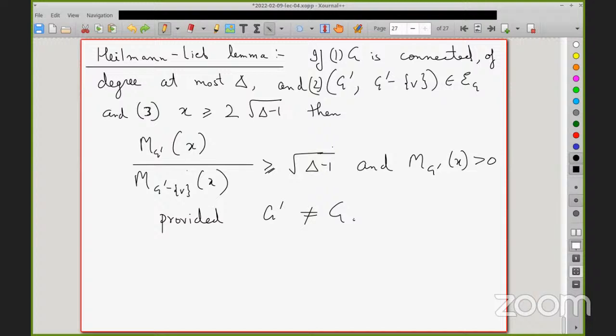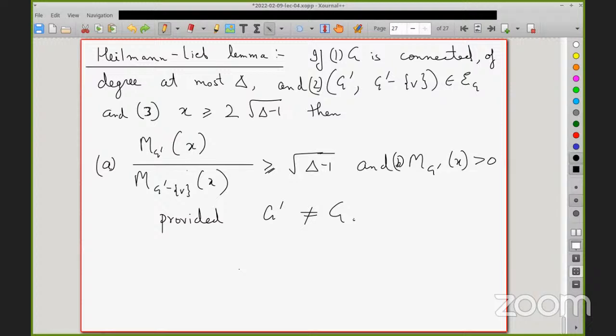Yes, provided G prime is not equal to G.